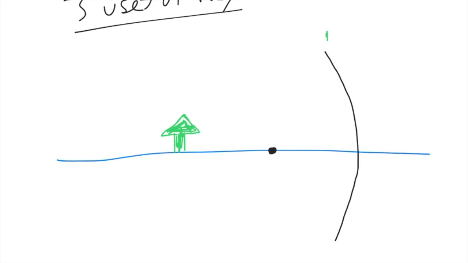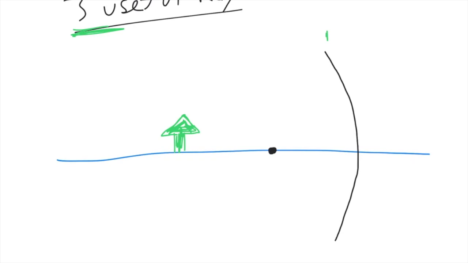Some of it's going to hit and bounce off of the bottom of it. We're going to choose 3 specific light rays that are bouncing off of that object and hitting that mirror that will help us to create a diagram that shows us at least a good approximation of where the image is going to be created by that mirror.